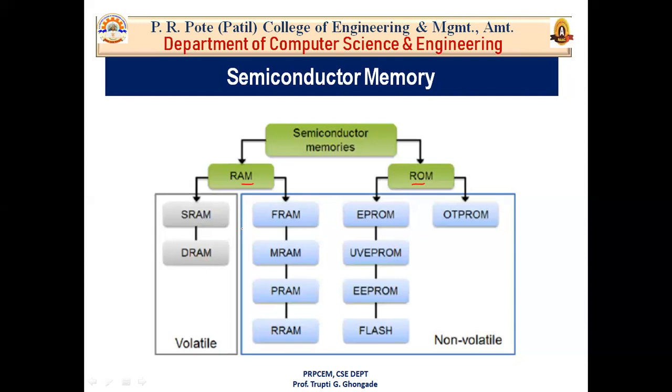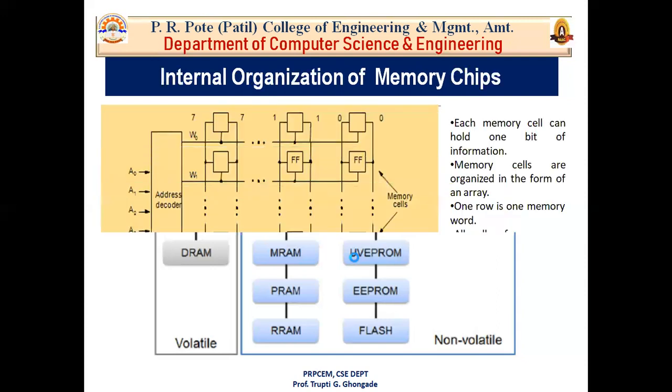Likewise, ROM is divided into subtypes: EPROM, UV EPROM, EEPROM, flash ROM and OTP ROM. I think you know about these subtypes, as you learned them in first year itself. So this is about the categorization of semiconductor memory.